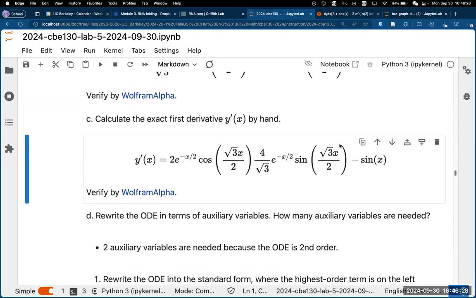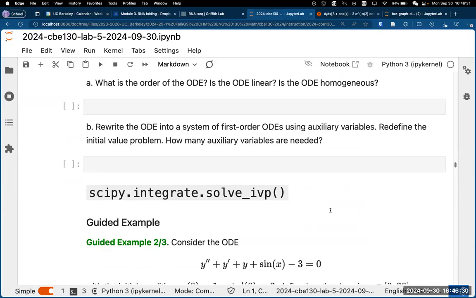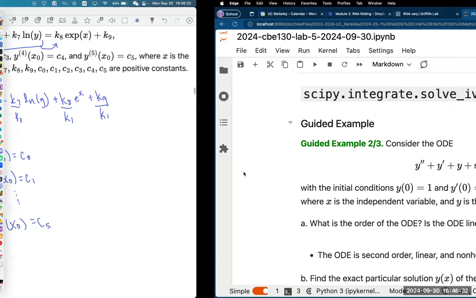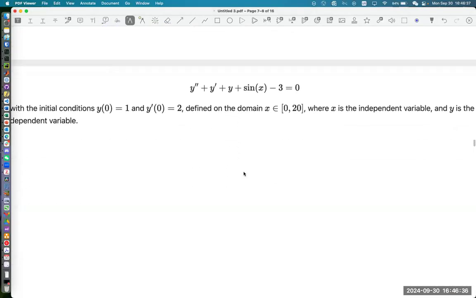Then again, we want to rewrite this in terms of auxiliary variables. This should be much easier because we have done the harder example. Okay, let's do that again. So first, standard form. So y double prime is equal to minus y prime minus y minus sine of x plus 3. Then we define auxiliary variables.